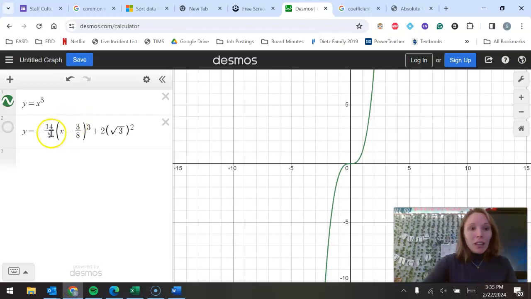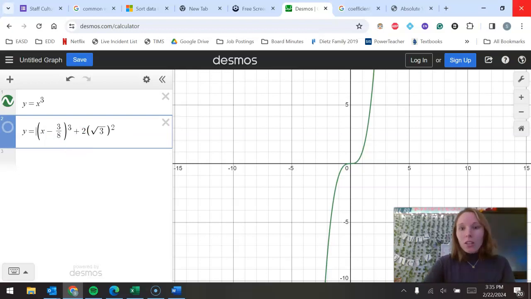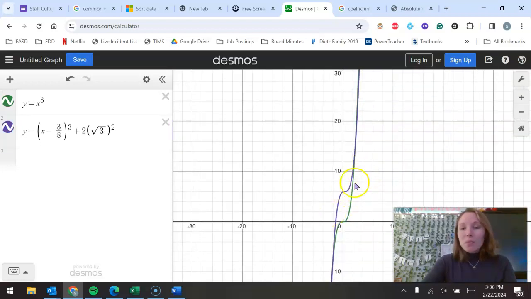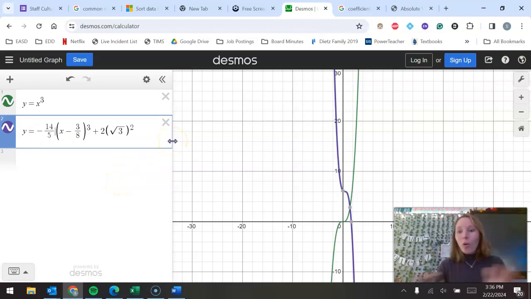So if I take out this fun thing here in the beginning and click that on, you're going to see the shape does not change, just the placement. So that's the only thing we're seeing here. Now, when we put that stuff in the front, we're seeing a whole different type of change happen with your graph.